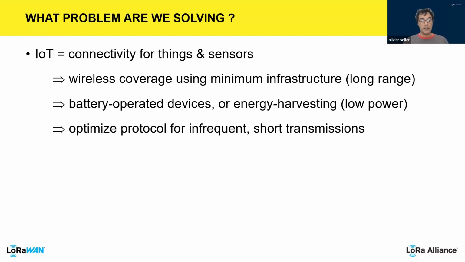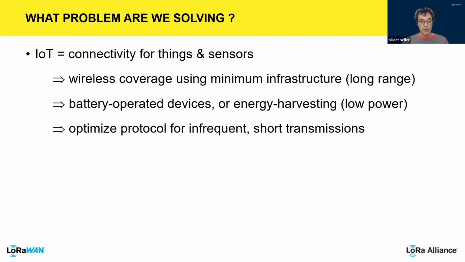We also need to address battery-operated devices or devices which operate out of energy harvesting, meaning harvesting light, vibration, temperature difference to remove batteries. So we need low power operation on the end devices. And last, we need a protocol which is tailored for low data rate, and more specifically, infrequent short transmission from or to the end devices.